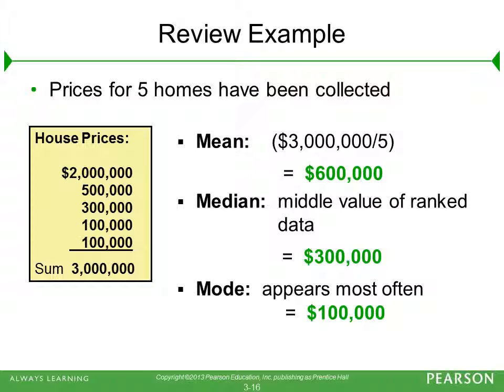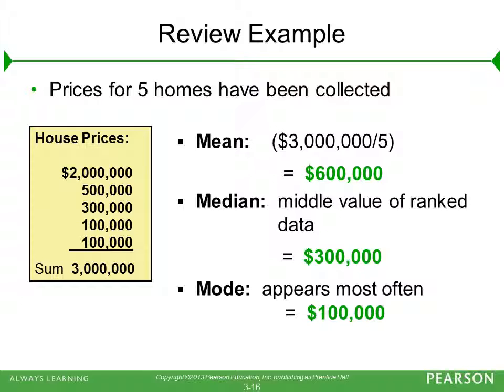The median picks the middle value, and as you can see, these are 5 values, and they're already organized in ascending order: 100,000, 100,000, and then 300,000 and 500,000 and 2 million. So if you take the 5 and multiply it with 0.5, you get 2.5. You round it up to the third number.